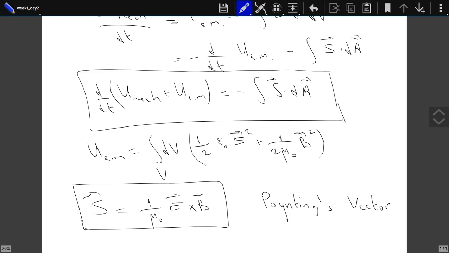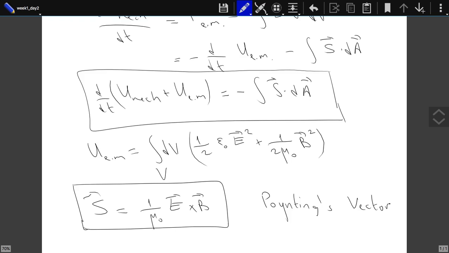But if they are moving around, it means the electric field and the magnetic field, either both of them or some of them, will be changing at every point. So we know that electric field and magnetic field carry energy. So if they are changing at a point, that means energy density at that point is changing. But that means energy is moving around. And that motion, that flow, is described by the Poynting vector.